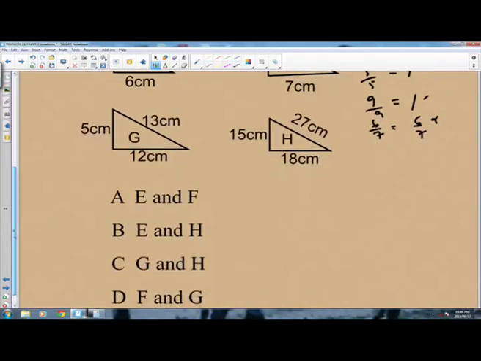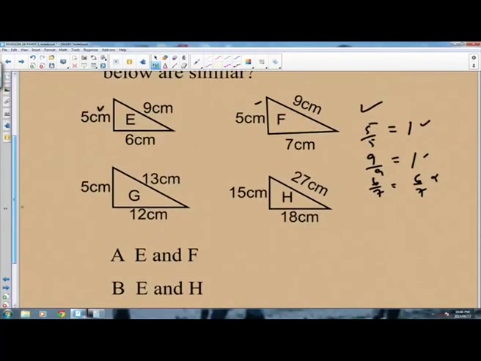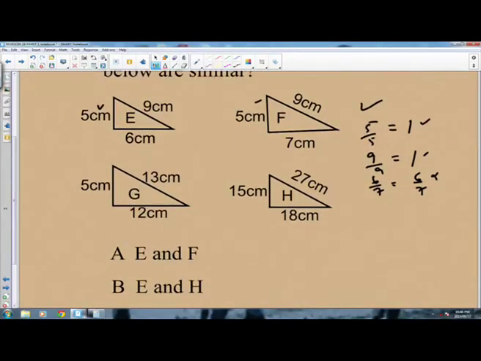Let's check the next alternative, E and H. If you check E and H, the side 9 centimeters corresponds to the side 27 centimeters. So we will have 27 divided by 9, which is equal to 3. And then the next side, the side 6 centimeters corresponds to the side 18 centimeters.